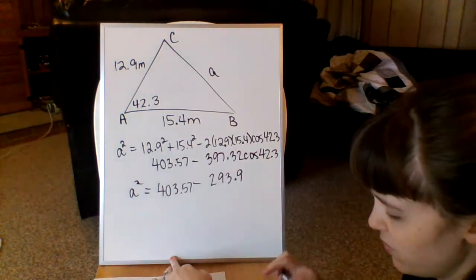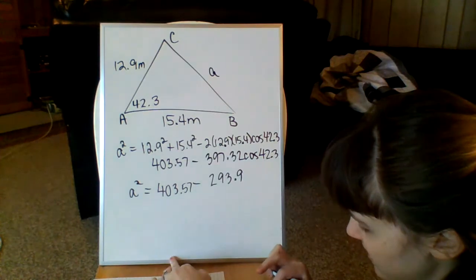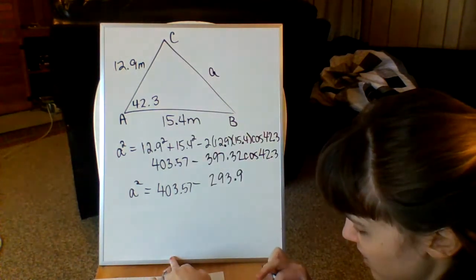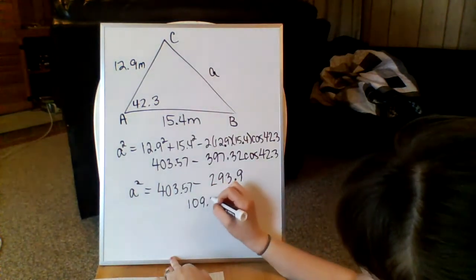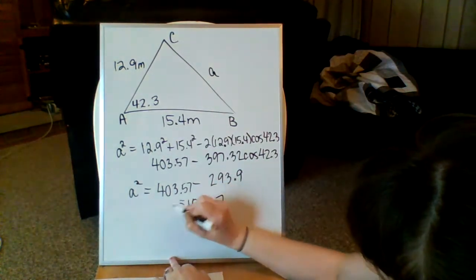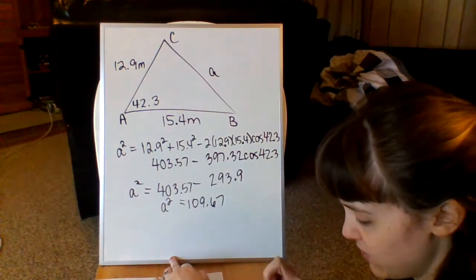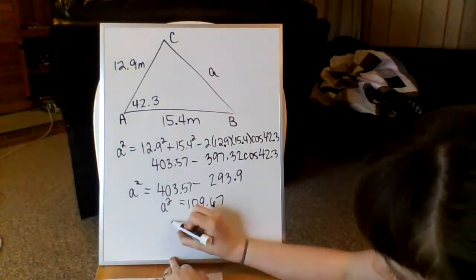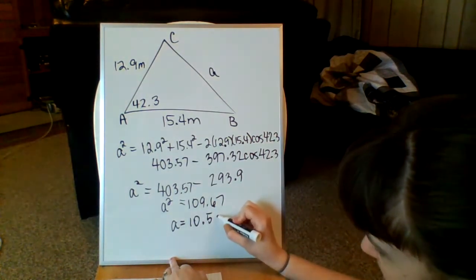Okay, so we're going to do 403.57 minus 293.9, and that is 109.67. And then we're going to take the square root of that number. Okay, so the square root, A equals 10.5 if you round it to the nearest tenth.